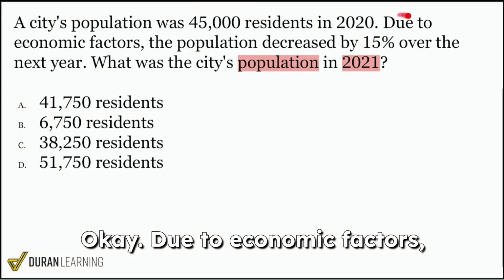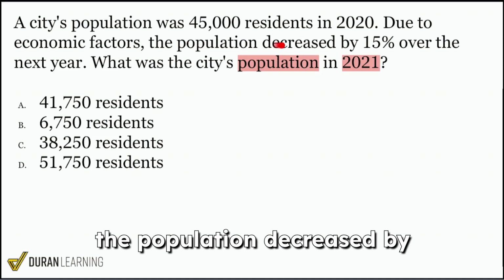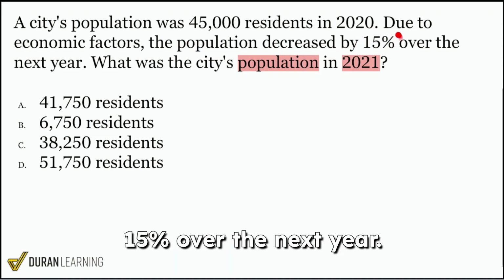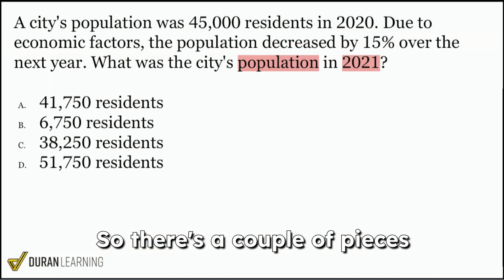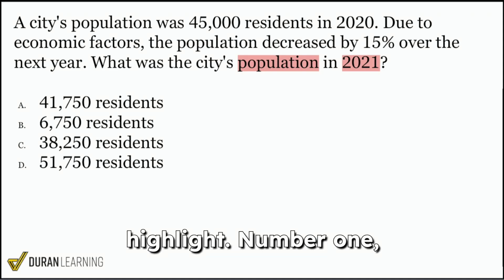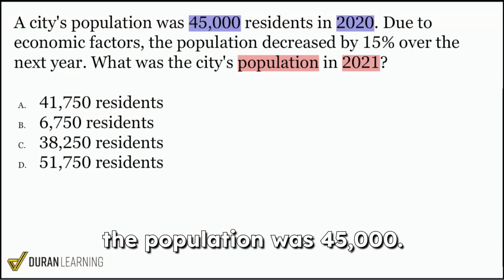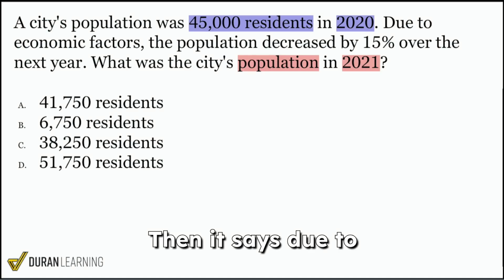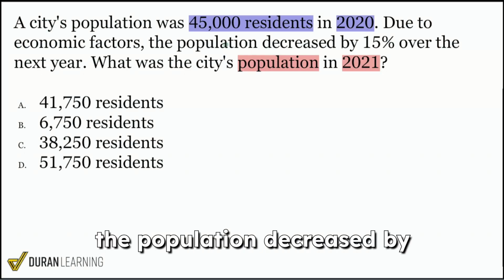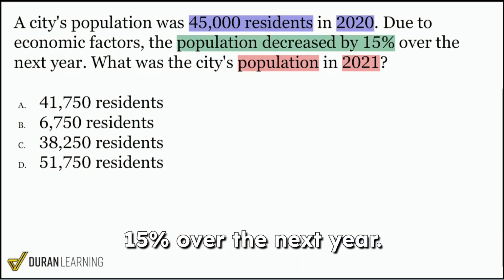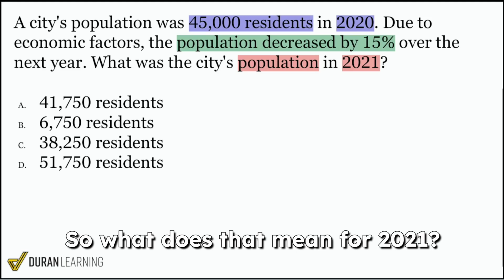Okay. Due to economic factors, the population decreased by 15% over the next year. So there's a couple of pieces of information we want to highlight. Number one, we know that in 2020, the population was 45,000. Then it says due to economic factors, the population decreased by 15% over the next year. So what does that mean for 2021?